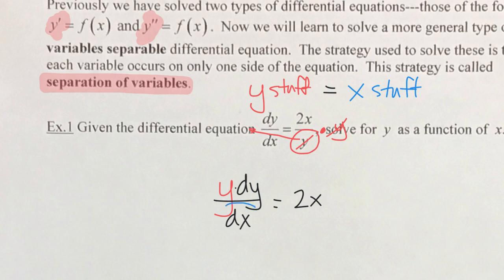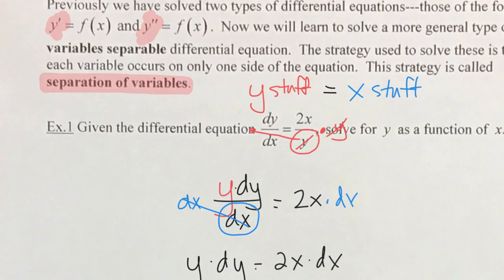And now we're going to multiply both sides by dx, and we have our equation: y times dy equals 2x dx. So no longer do we have fractions, we have all of our y stuff on the left side, and all of our x stuff on the right side.